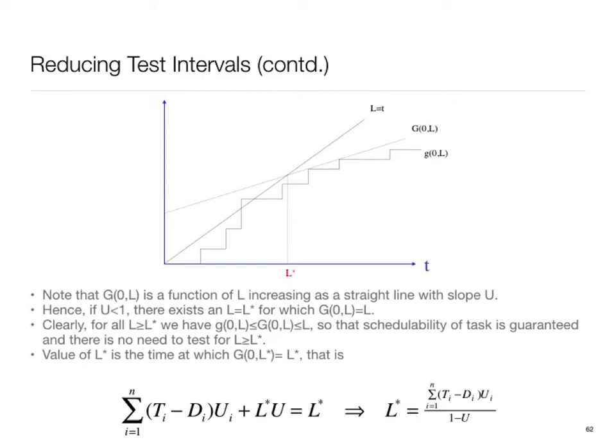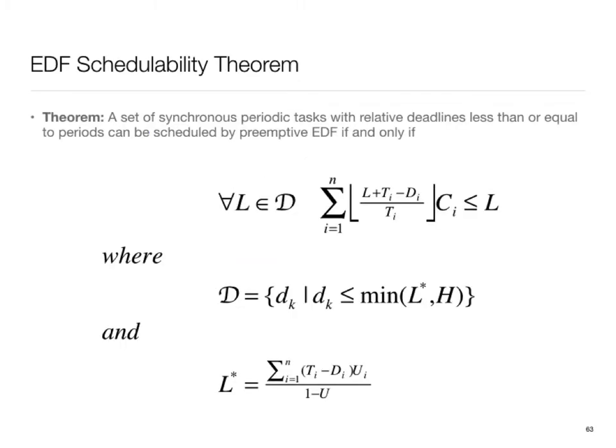So now it becomes a much simpler enumerable problem. In essence, the constraint boils down to checking that expression for all values of absolute deadline.